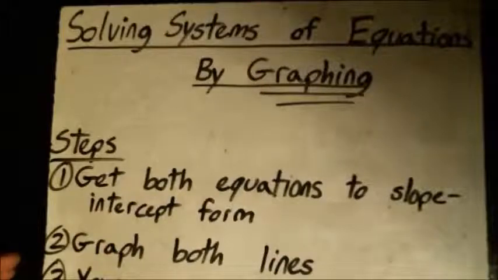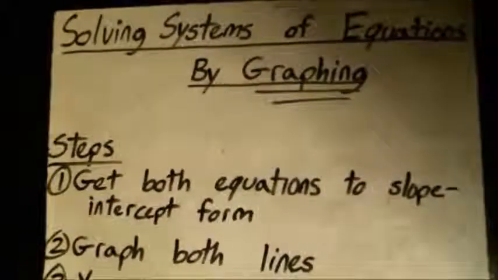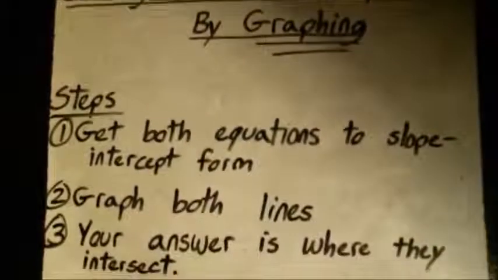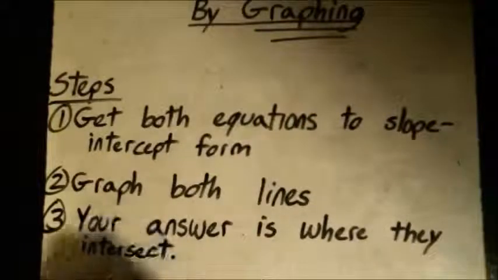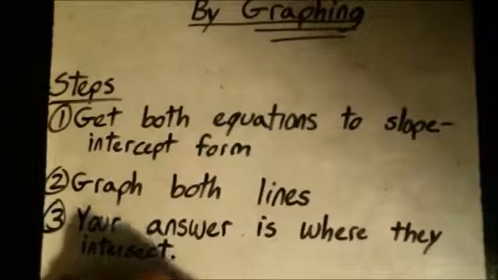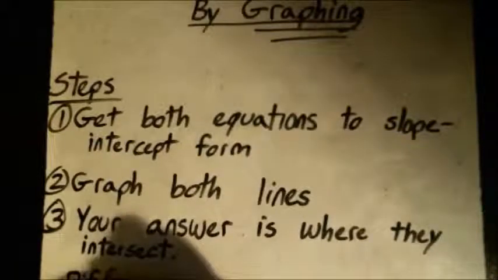Alright, step 2 would then be to graph both lines, and then step 3 is your answer is where they intersect. So, whenever you do this, in general, this is your normal circumstance where you have two lines with two different slopes.